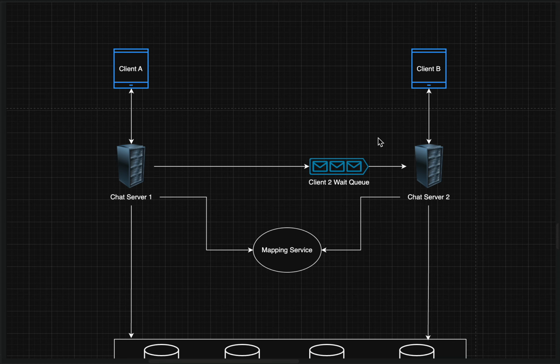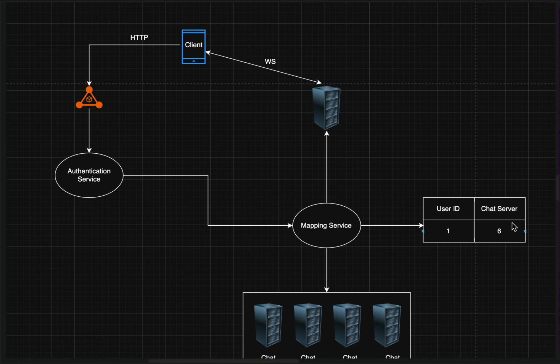Now comes the situation where, let's suppose, we have to show whether a client is online or offline. For that, you can say that we are saving data of user ID and chat server. So we can tell that if a chat server is assigned to a particular user, that user is online. Otherwise, he's not online.